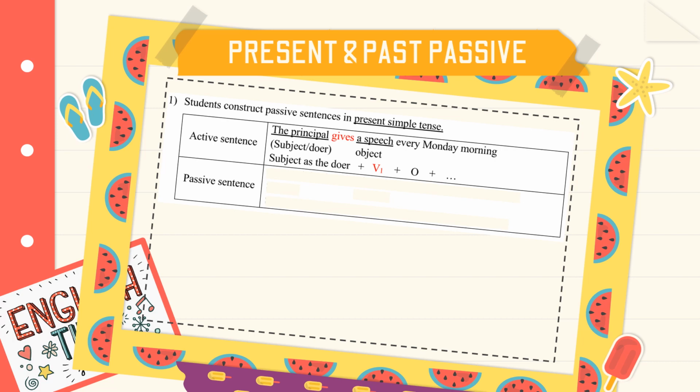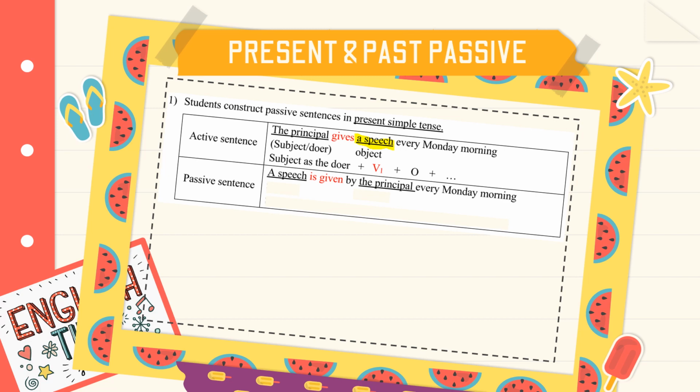Okay, and how do you change the sentence into a passive sentence? First, your job is to find the object of the active sentence. What is the object? A speech. So, in the passive sentence, a speech must come first, like this. After that, followed by is plus given.